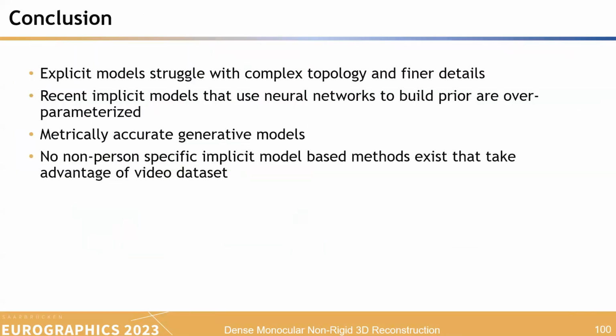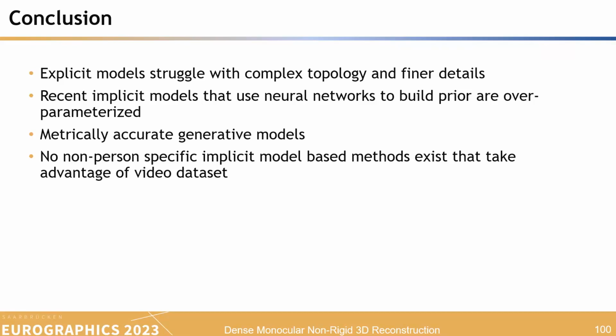To conclude, we see that explicit models tend to suffer with complex topology and have difficulty getting finer details. Implicit models trained with supervised training tend to have poor generalization capabilities, whereas implicit models trained in an adversarial manner tend to have good quality, but the metric accuracy depends on the pose distribution assumed during training.